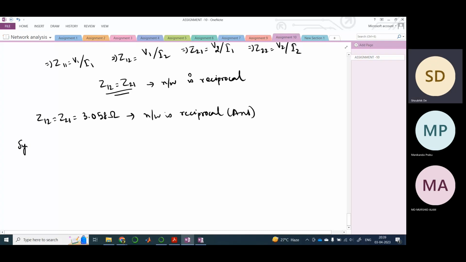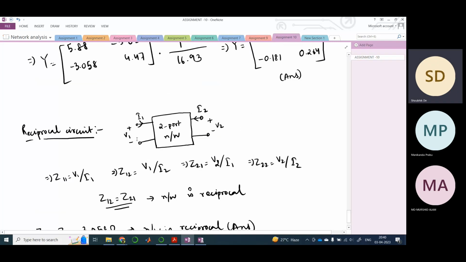So lastly, what is symmetric? Symmetric basically means, if you exchange the input and output ports, so if you make this V2 and this V1, and also interchange the currents, so if this is V2 I2 and this is V1 I1, and even then the currents are the same.